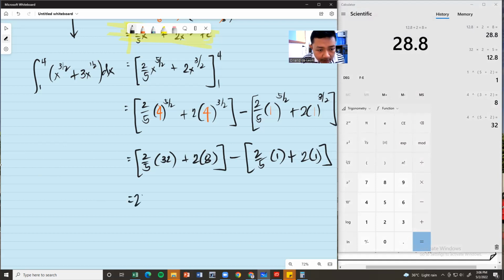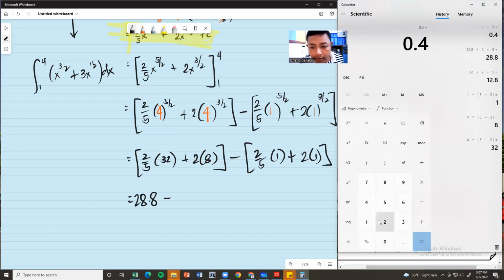So we have 28.8 on this side minus 2 over 5. 2 divided by 5 equals 0.4, plus 2. So that's 2.4. And finally, the answer will be 28.8 minus 2.4.